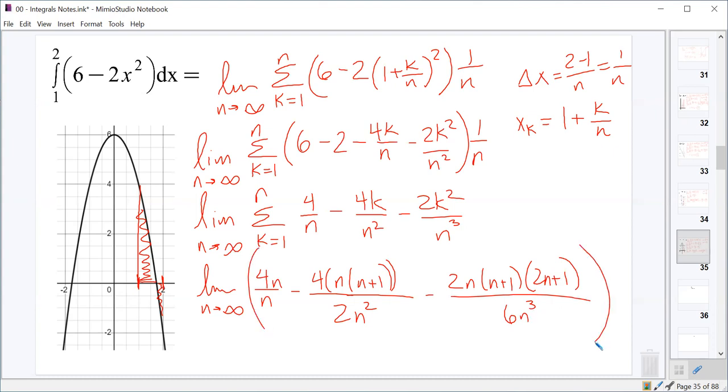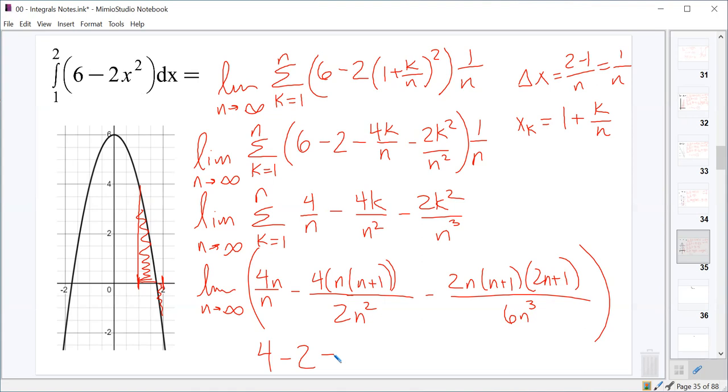And that limit just becomes 4n over n is 4. And then we have minus the 4n times the n is 4n squared over the 2n squared. So that's going to be minus 4 over 2, or minus 2. And then over here, we've got another minus. We've got 2 times n times 2n is 4n cubed over 6.